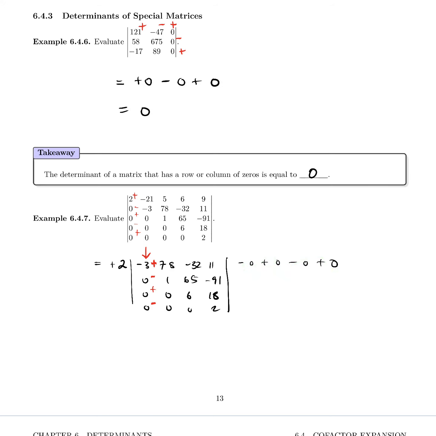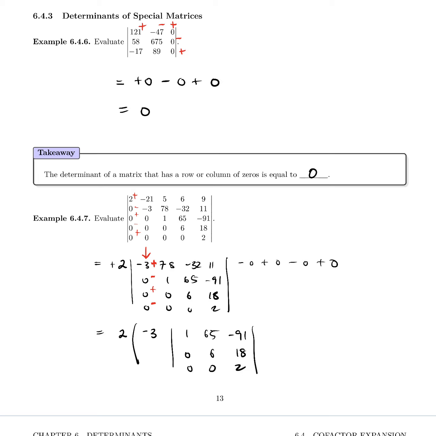So I'm going to end up with my original entry 2 times, open a bracket, minus 3 times, and then remove the row and column that minus 3 is in. So I get the determinant of 1, 6, 5, minus 9, 1, 0, 6, 18, 0, 0, 2.